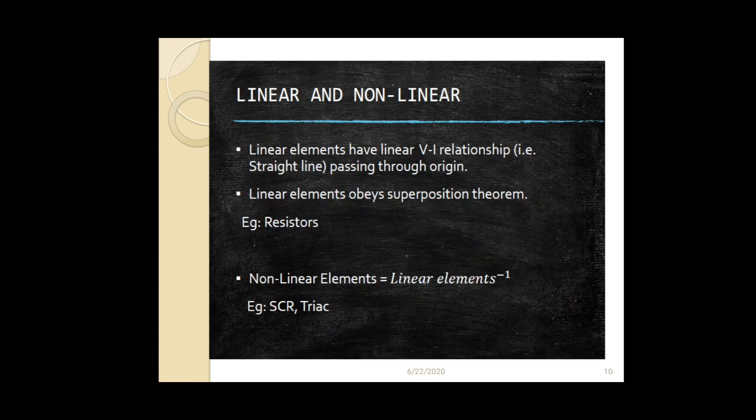Next one is the linear and non-linear. The linear elements have a linear VI relationship which is passing through the origin. Elements like resistor, capacitor and inductors are always constant irrespective of the change in time, change in voltage or change in temperature.